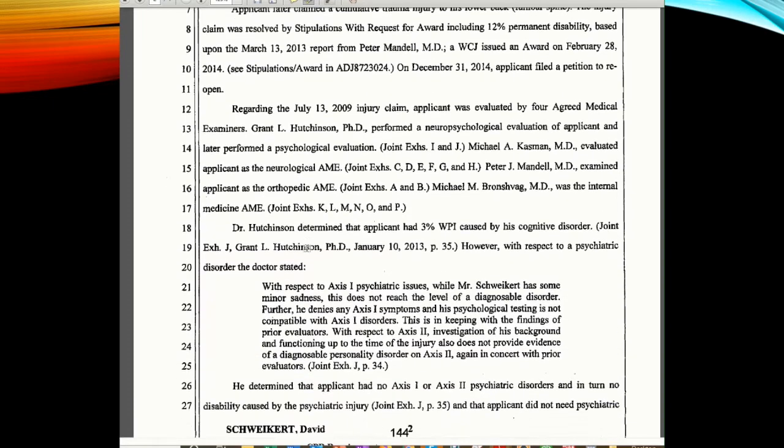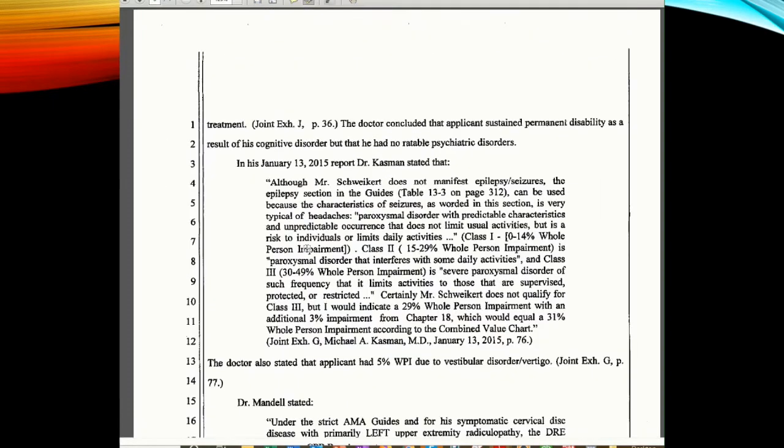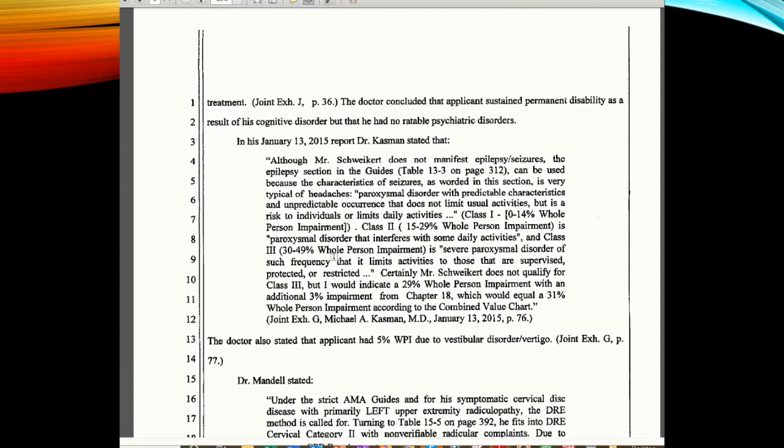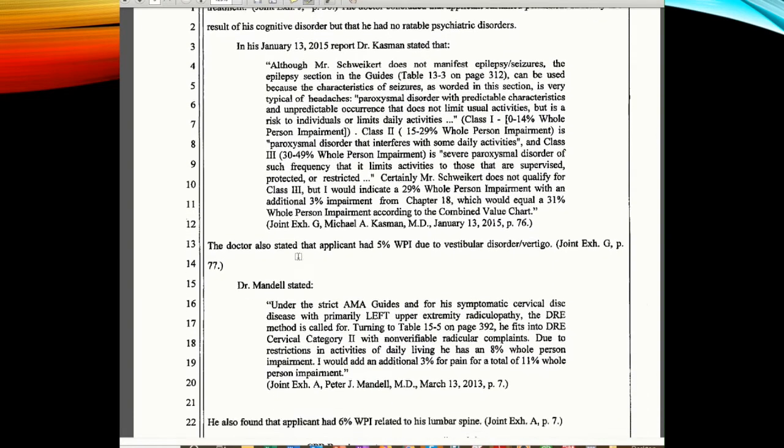So for the neuromusculoskeletal and internal medicine issues, the first qualified medical evaluator provided for 29% whole person impairment with an additional 3% impairment from Chapter 18, which would equal 31% whole person impairment. So here is one 3% add-on for pain.